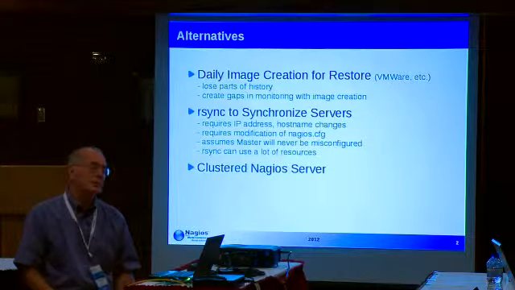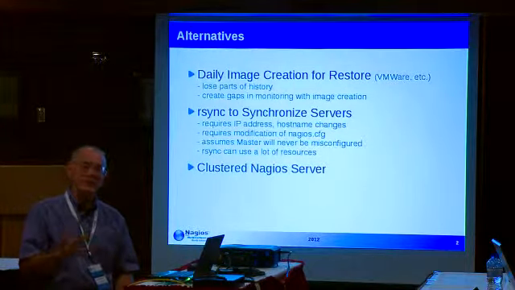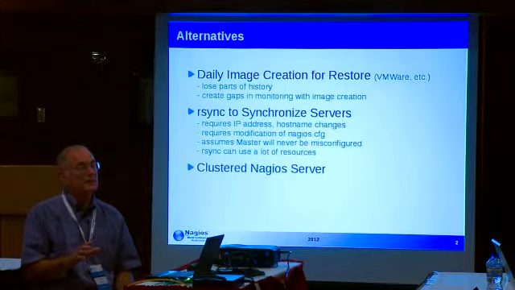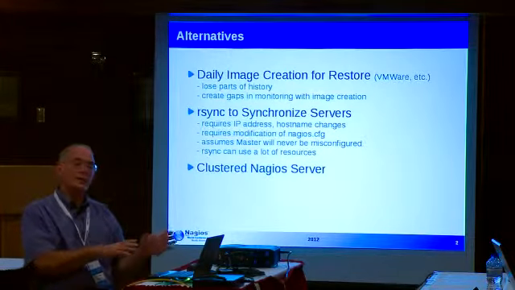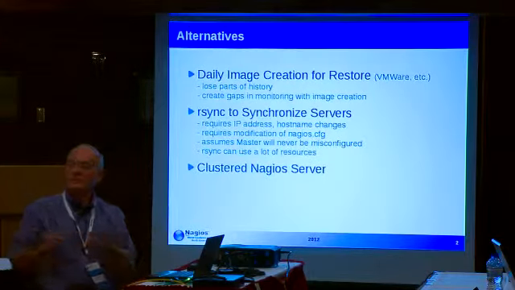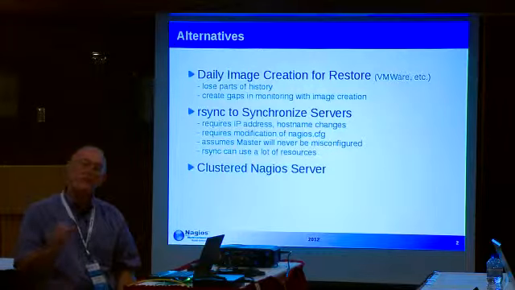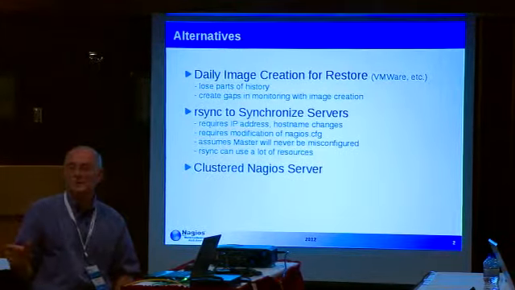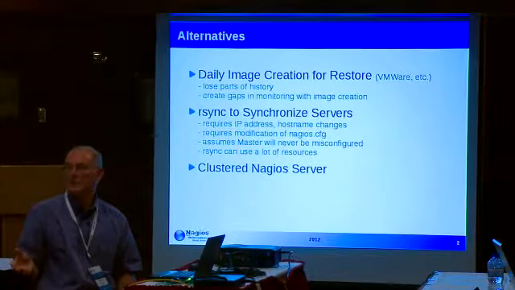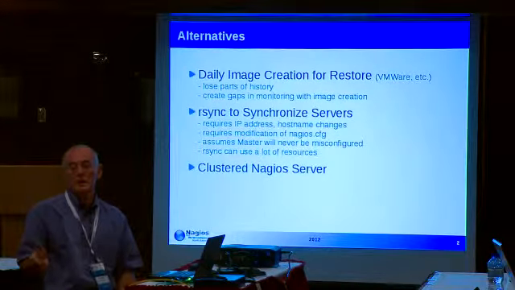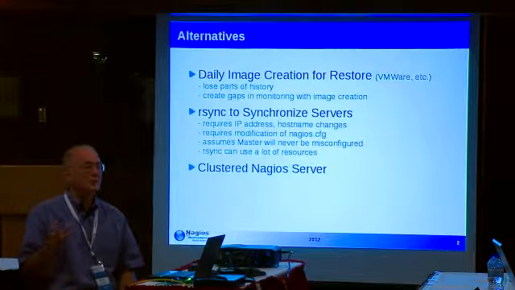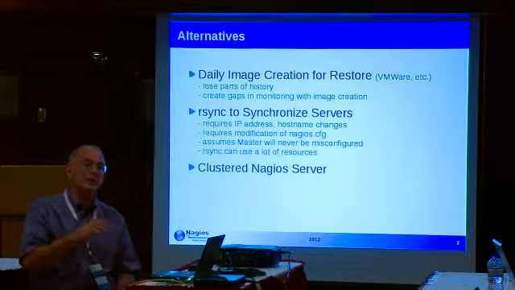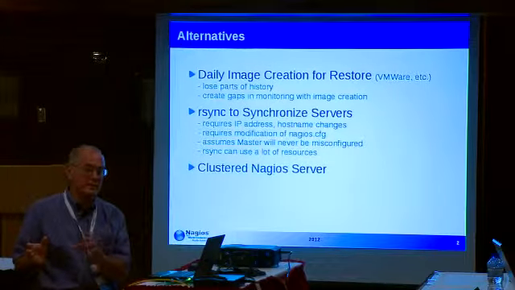One of the problems with synchronization, and I've developed this model that we're going to look at because of some of the problems that I've seen, is when you synchronize your master server with your slave, if you have administrators that make mistakes on the master, you have the same problem on the slave. You really don't have high availability. You've got two big messes. Now, if you use a test server, this is a great option, and it's a better option using something like rsync or some kind of synchronization mechanism.